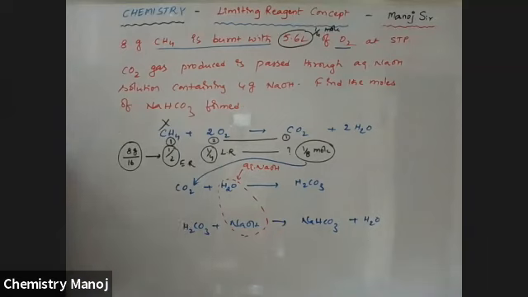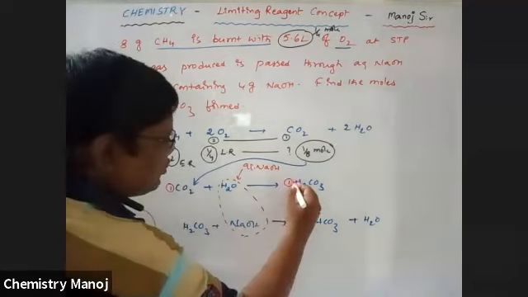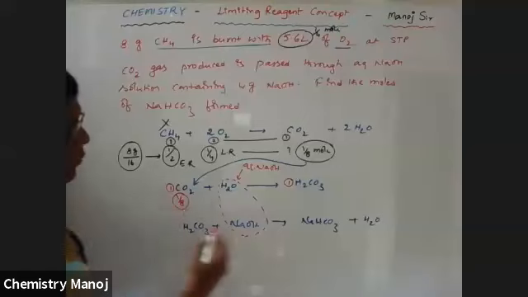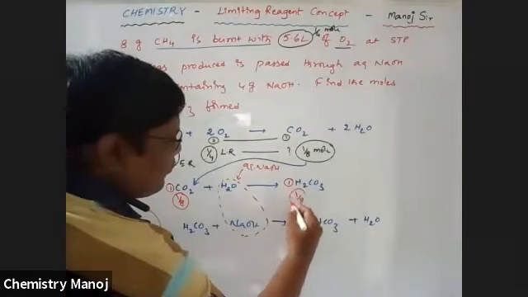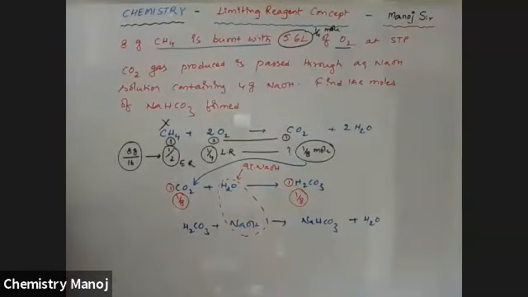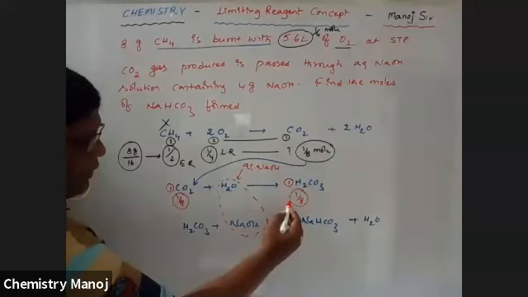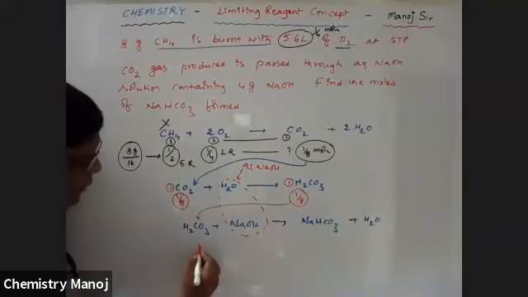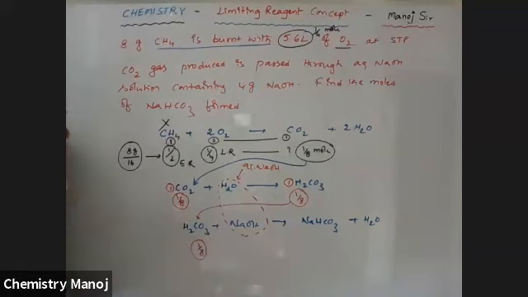As per this concept, 1 mole CO2 gives 1 mole H2CO3. Now we have 1 by 8 mole, so 1 by 8 mole H2CO3 is formed. That H2CO3 is used here.